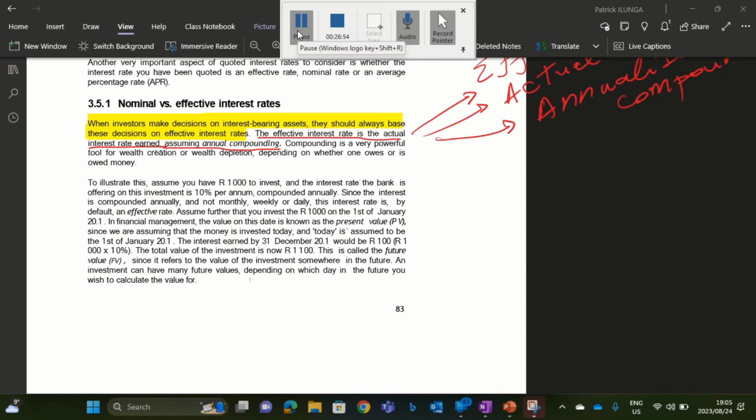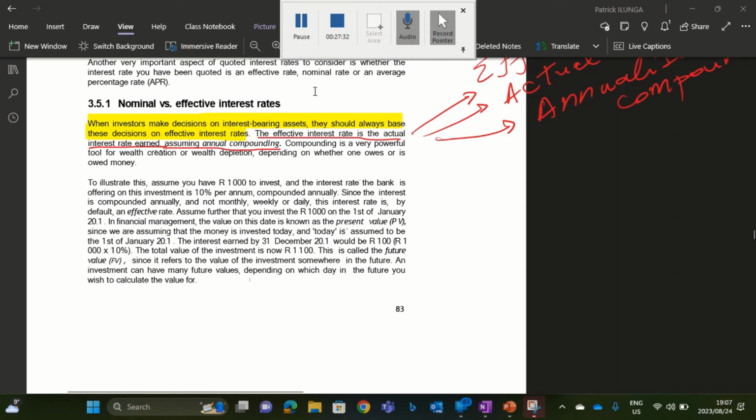You take 1,000 that you borrow to invest, and the interest rate provided by the bank is 10% per annum, meaning that it is compounded annually. So what is going to happen is that at the end of the year, 10% of 1,000 is 100 rand. This will be the value of your investment, which is 100 plus the 1,000, it's 1,100.